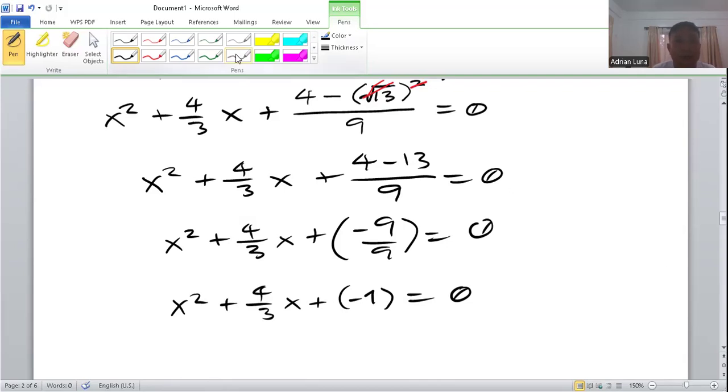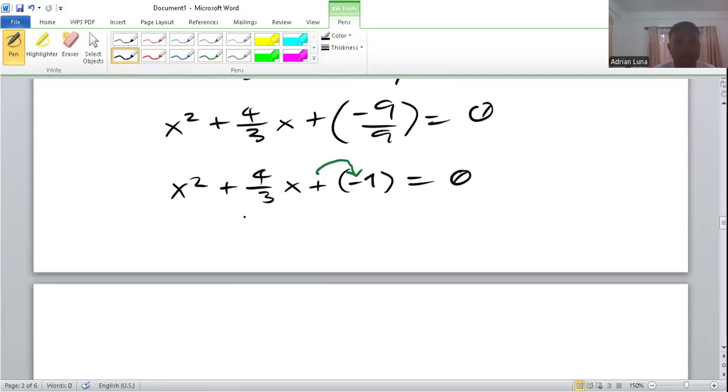And distribute lang natin si plus na sign. Positive times negative, we have x squared plus 4 over 3x minus 1 is equals to 0. And pangit naman tingnan kung meron tayong denominator as our fraction as a coefficient.